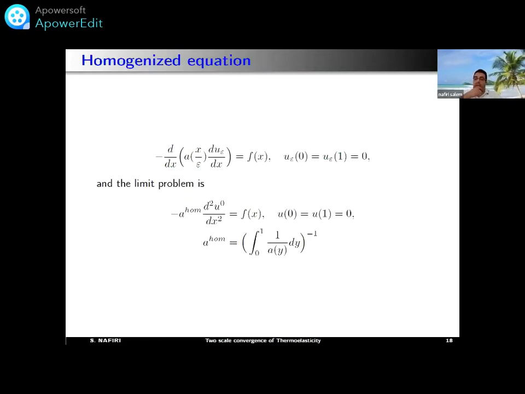Now I will consider the family of homogenization problems and the limit problem, and I will take A of y as a periodic, oscillating function. I will draw both the solution u epsilon and the solution u0 and see what happens.